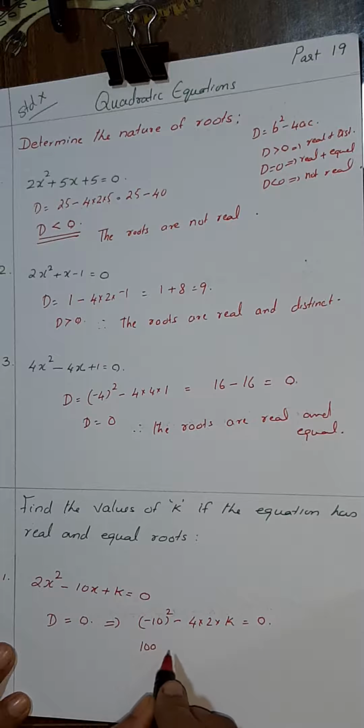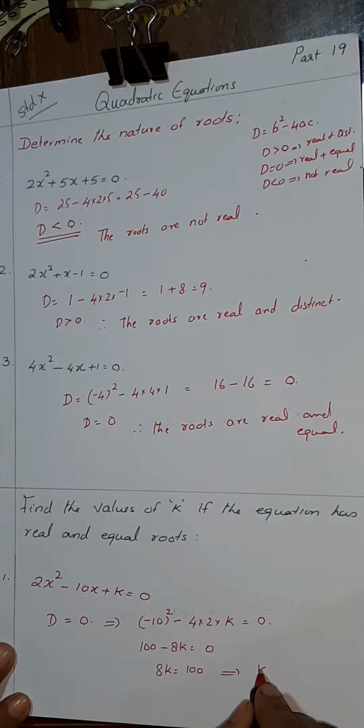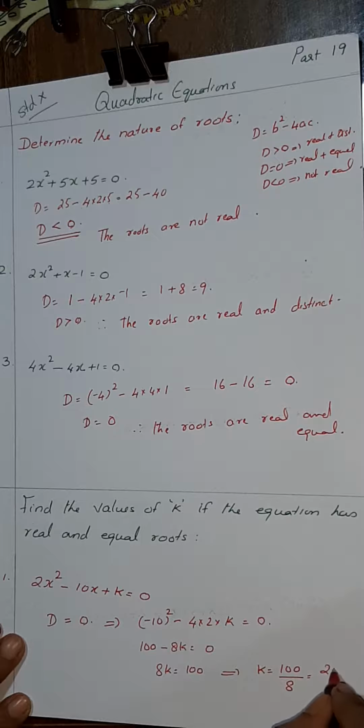So 100 minus 8k is equal to 0. So 8k is equal to 100. k is equal to 100 by 8, that is 25 by 2.